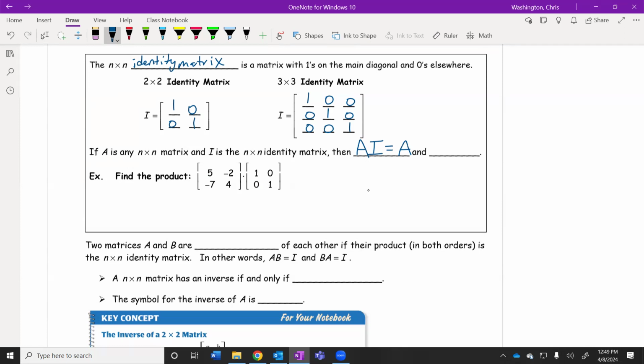A times I is still just A. And it doesn't matter what order we multiply it in. Before spring break, we talked about how the order for multiplication matters when we talk about matrices, but not when we're talking about the identity. So A times I and I times A just give us that matrix that we started with.